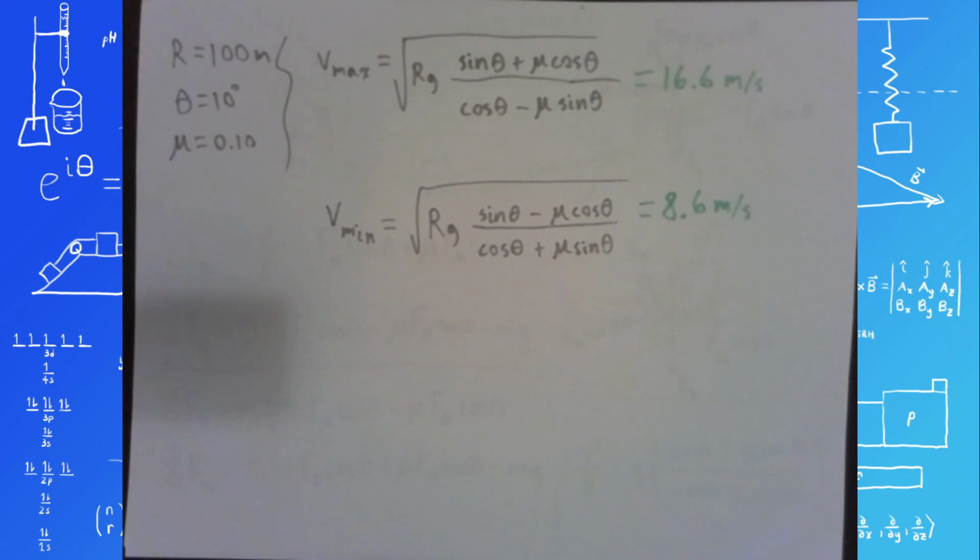So if I took 16.6 times 2.237, that's 37.13 miles per hour for this one, about 37 miles per hour, and the other one is about half of that.